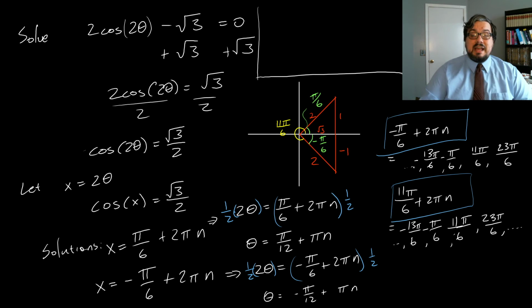So at the end of the day, our solution is that theta equals pi over 12 plus pi n, or theta equals negative pi over 12 plus pi n, for n an integer.